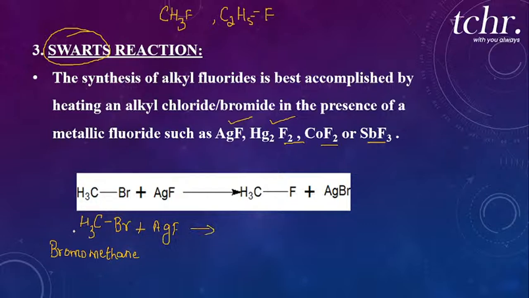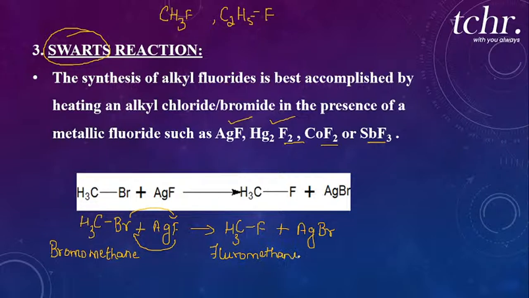As I told you in the Finkelstein method, the same thing applies here. A halogen exchange takes place and you get CH3F, fluoromethane, while silver fluoride is turned into silver bromide. So the product you got is fluoromethane.